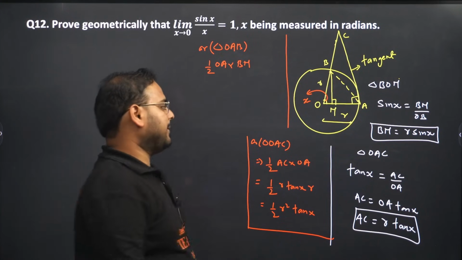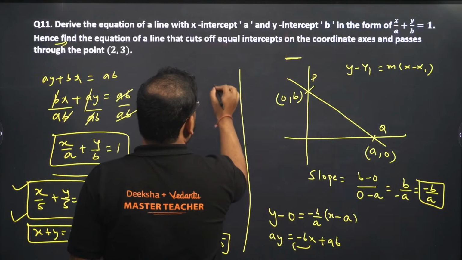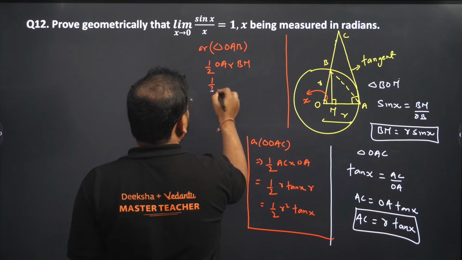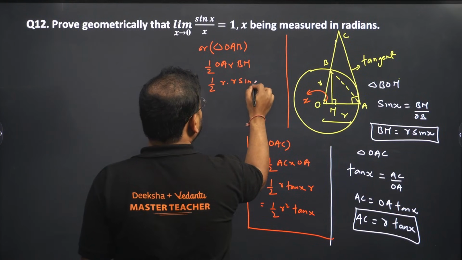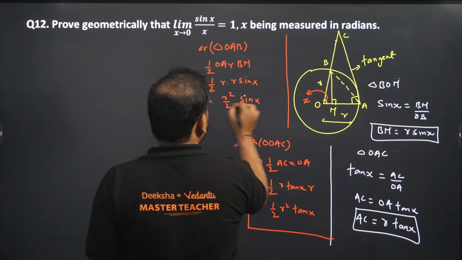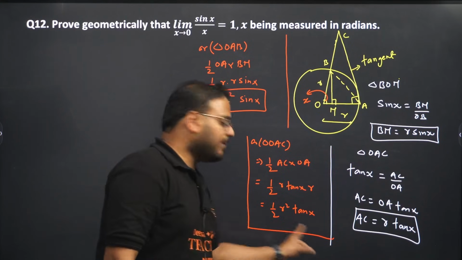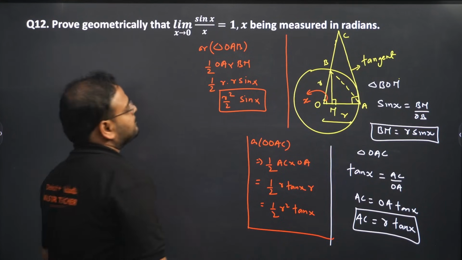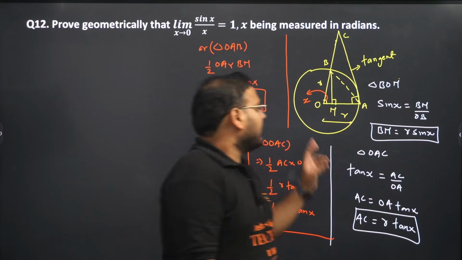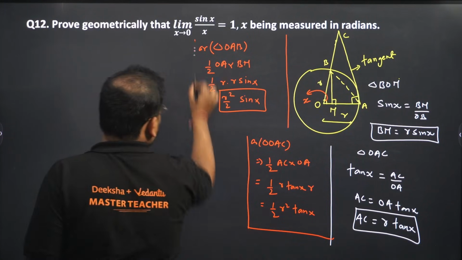OA value is R and BM value is R sin x. So I get R square by 2 sin x, and the other is R square by 2 tan x. Now, think logically about the area of this triangle OAB. Now the actual problem starts.